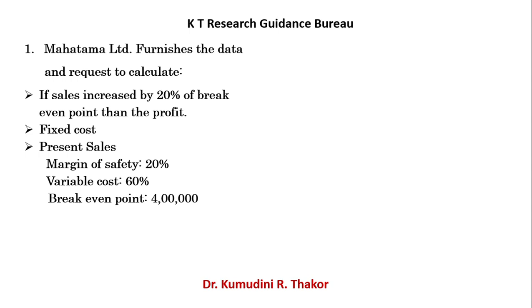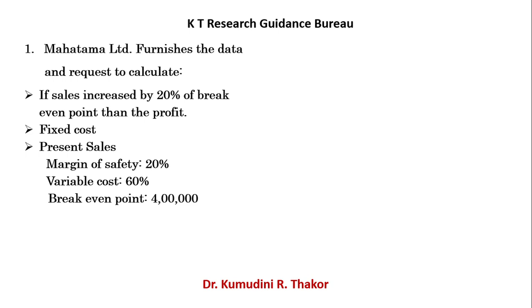Mahatma Limited furnishes the data and requests to calculate first, if sales increased by 20% of break-even point, then what will be the profit? Next one is fixed cost and present sales.